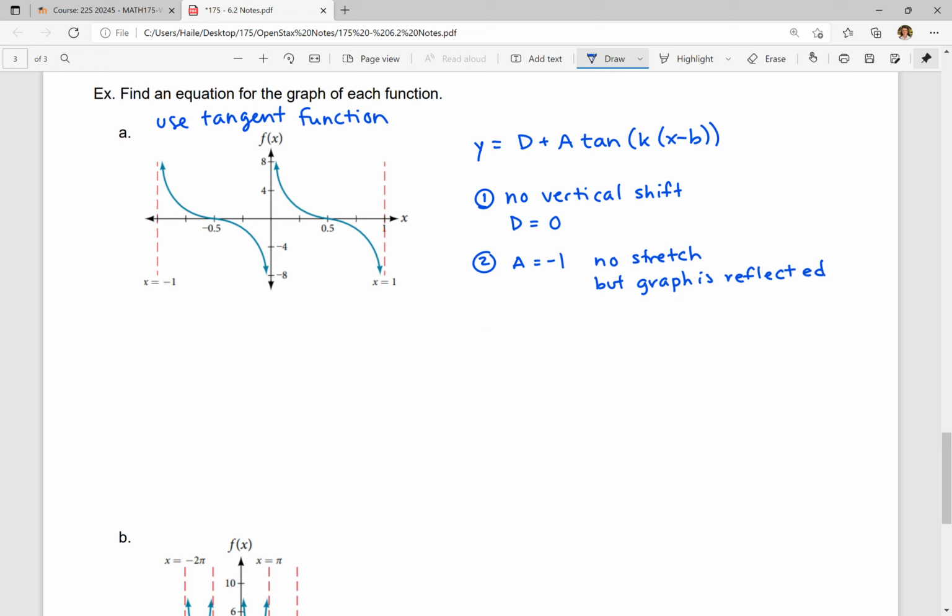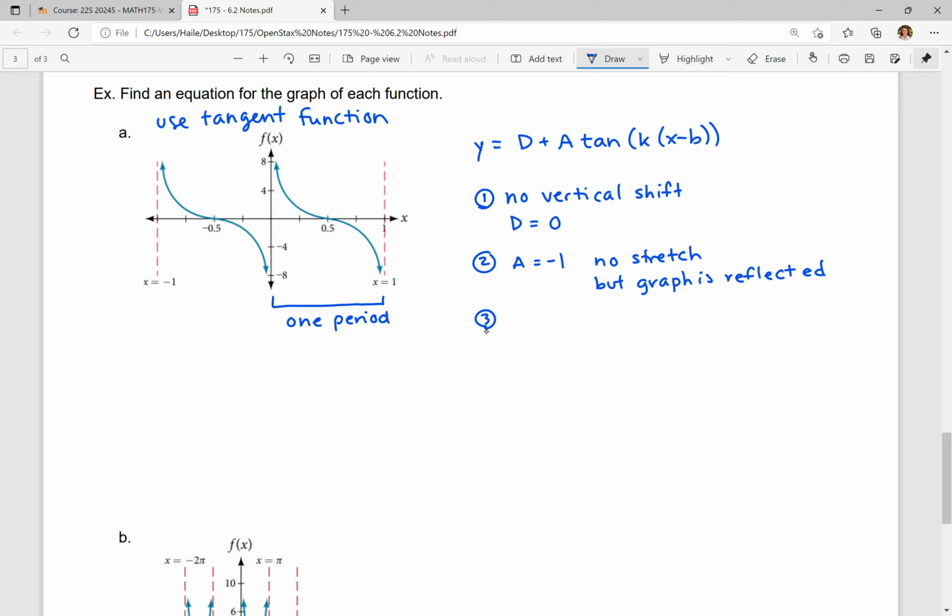Okay, third, we can talk about the K value. So once again, it might be kind of the trickier one to find because we actually have to solve an equation. So first of all, let's identify the length of one period. So if you remember for tangent, one period is the distance between 2 consecutive asymptotes. So this would be one period of this graph.